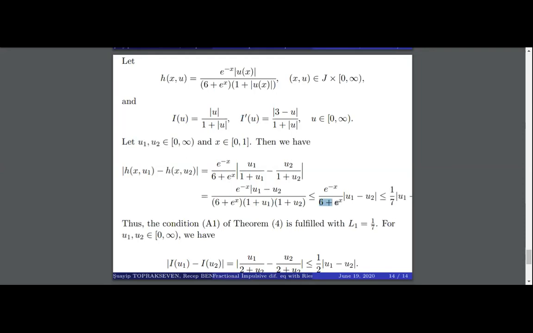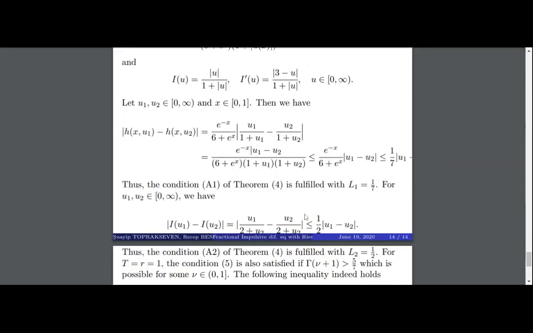This number is bigger than 7, so this coefficient is less than 1/7. So we show H is Lipschitz. So assumption 1 is fulfilled in theorem 4 with Lipschitz constant 1/7.